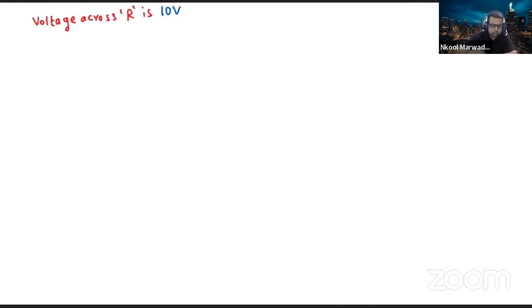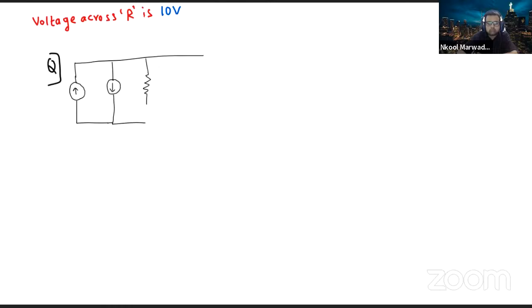So we have a circuit. Current source connected like this.